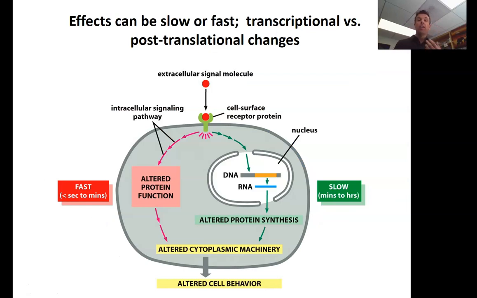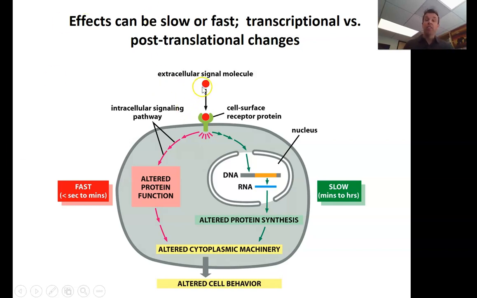All right. Then, even when that effect has happened on the cell, those effects can be slow or fast. Right? So we've got transcriptional regulation and post-translational changes. So which one of these is that very rapid effect in a cell? Well, we've talked about this before. Post-translational modifications are there because they are very rapid responses to change in environment.